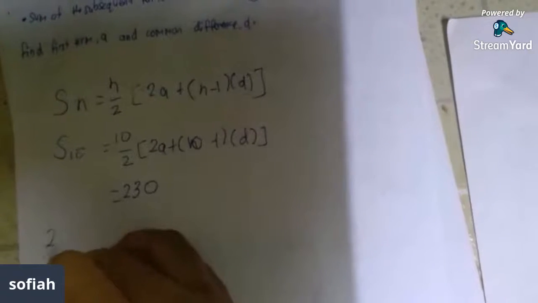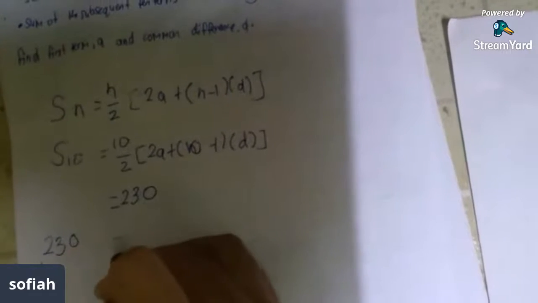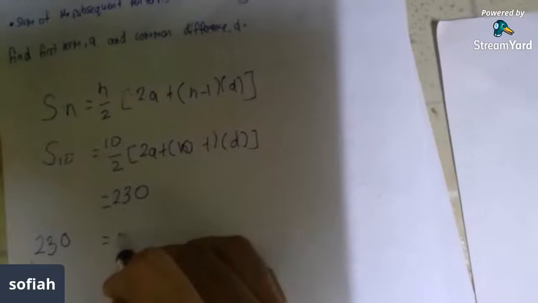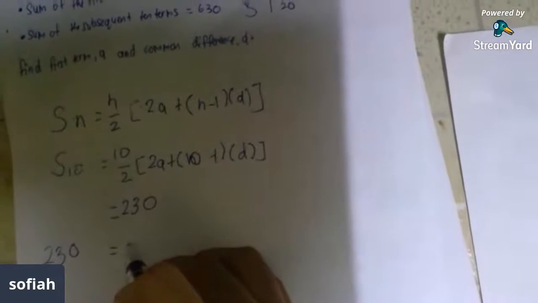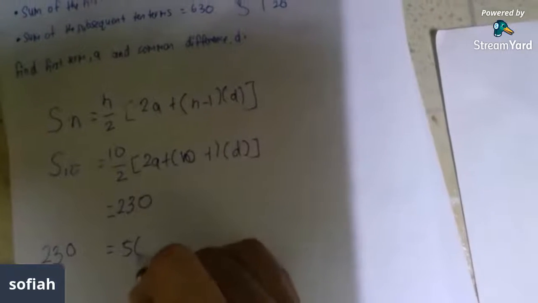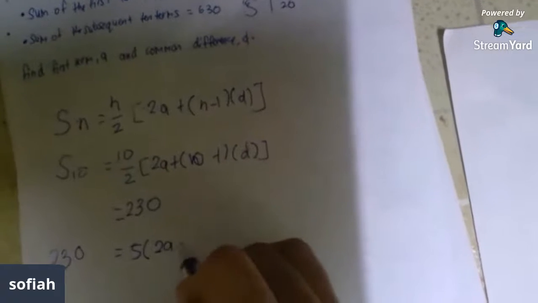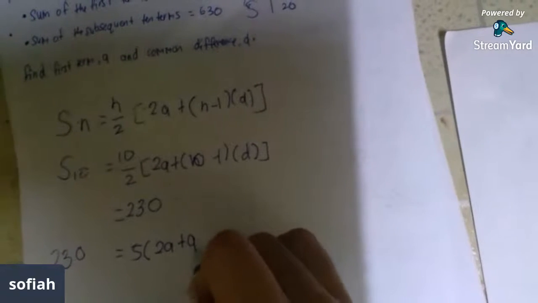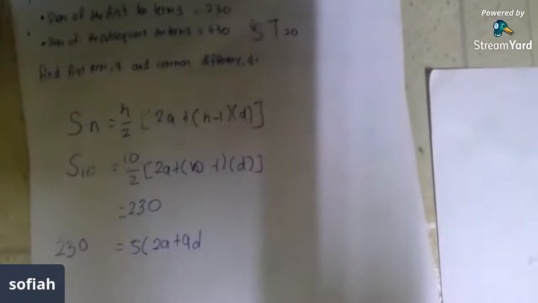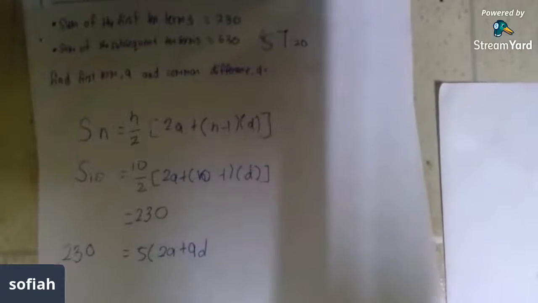So we can write it as 230 equals 5 (2a plus 9d). This is for the first information from the question.